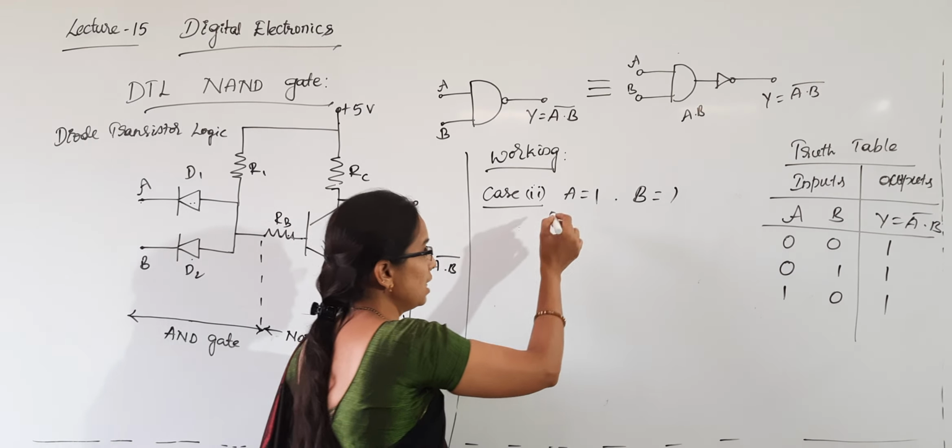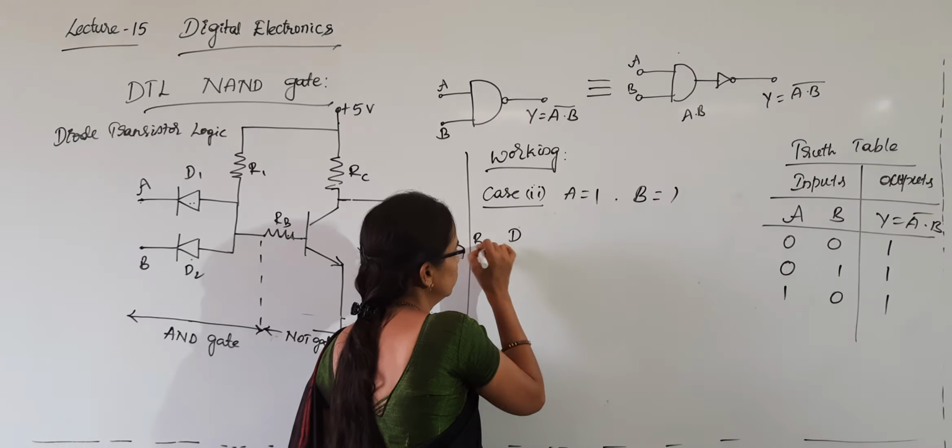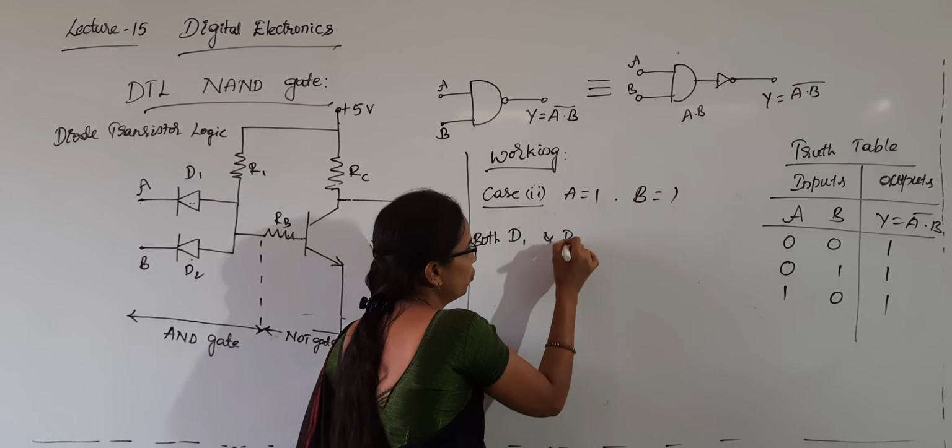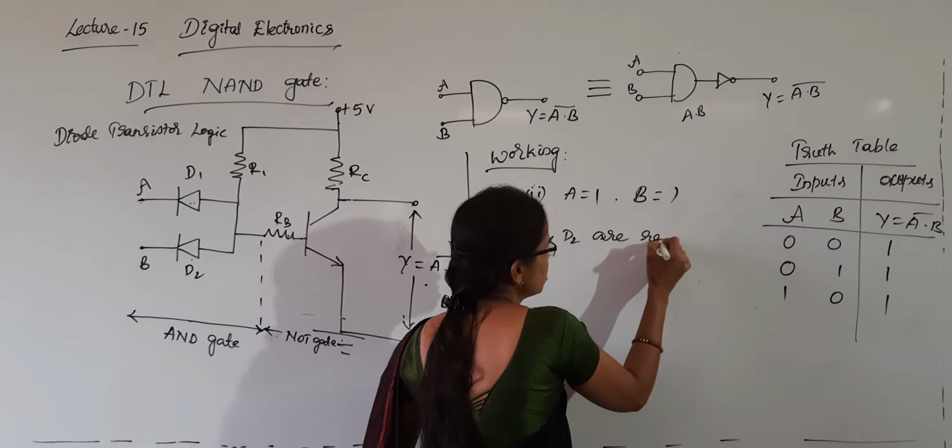Okay. So, in the last case, what happens? Both D1 and D2 are reverse biased.